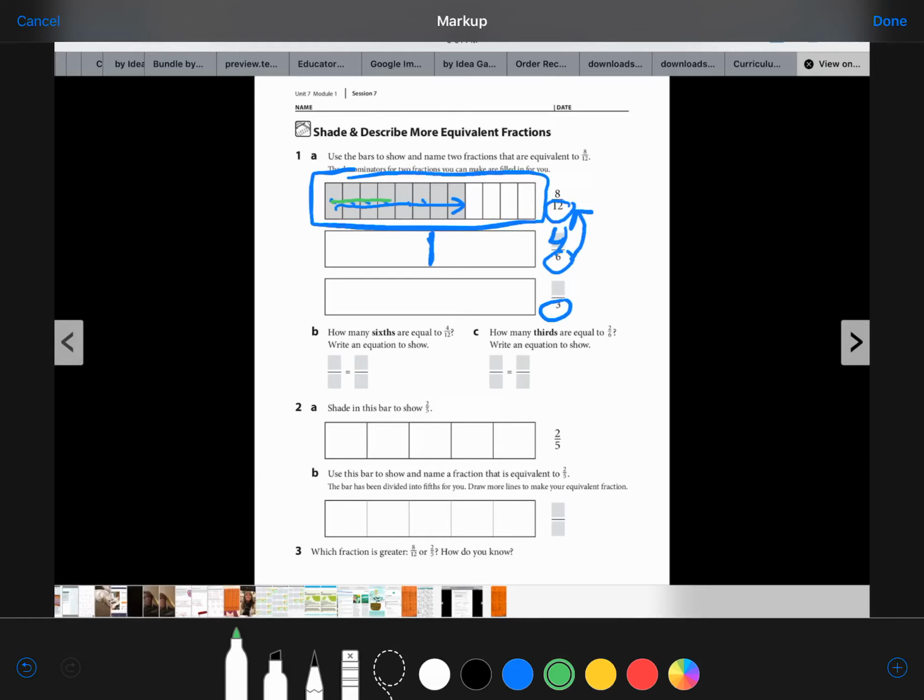So I'm going to try to line up my pen. Okay, so that would be 1/3, and obviously if I go over 1, 2, 3, 4 more, my pen, I've got my ruler here. Okay, so out of again that picture, I need to figure out how many thirds would be equivalent to 8/12.